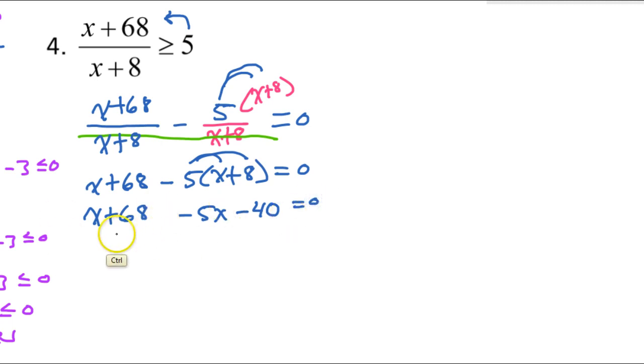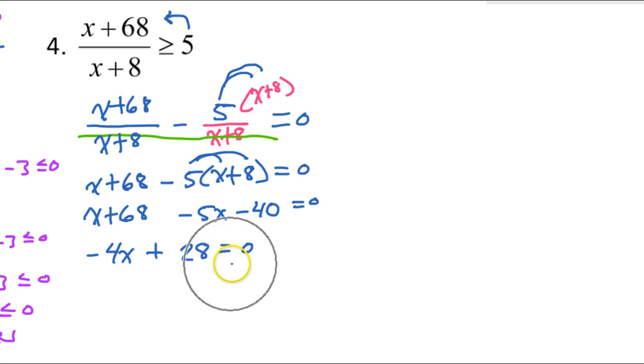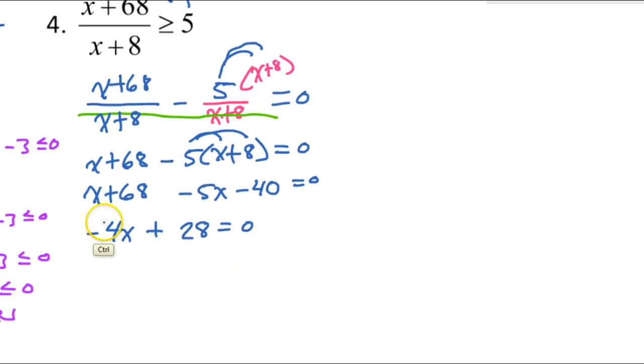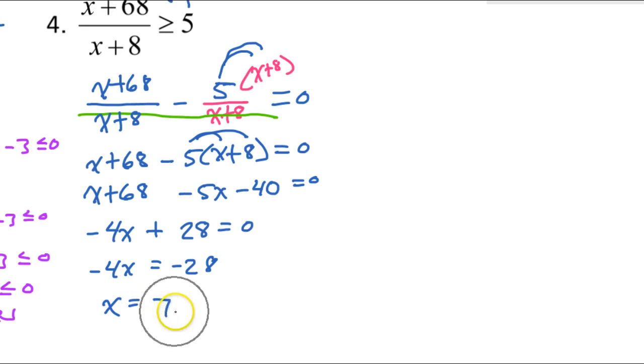So combining like terms, we're going to have negative 4x plus 28 is equal to 0. And then I'm going to subtract 28 from both sides. So I'll have negative 4x is equal to negative 28. And then dividing both sides by negative 4, I get x is equal to 7.